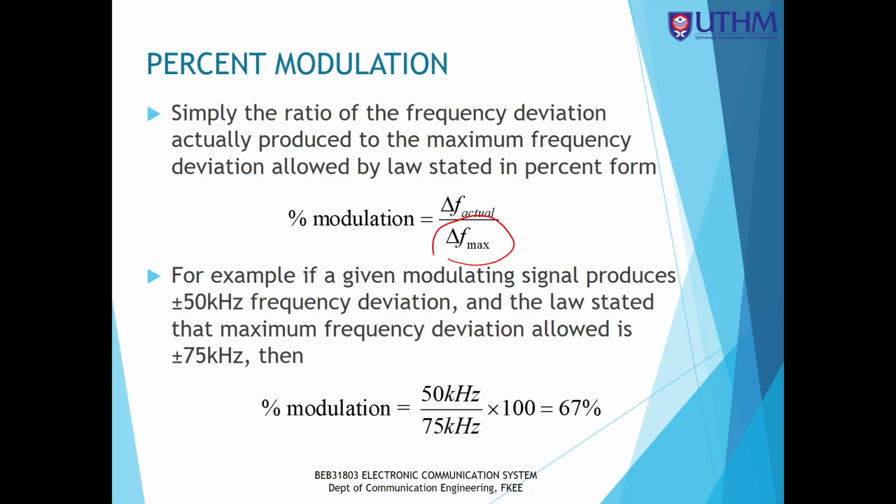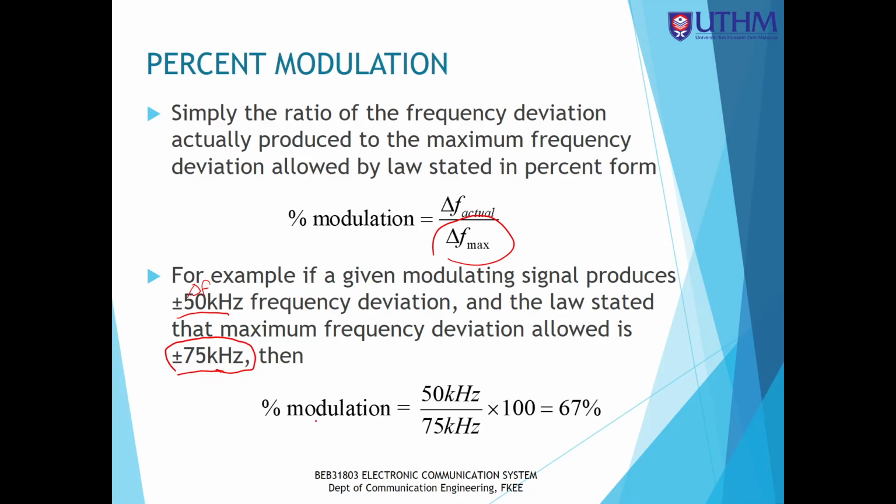For example, if a given modulating signal produces plus minus 50 kilohertz frequency deviation, and the law states that the maximum allowed is plus minus 75 kilohertz, then find the percent modulation.